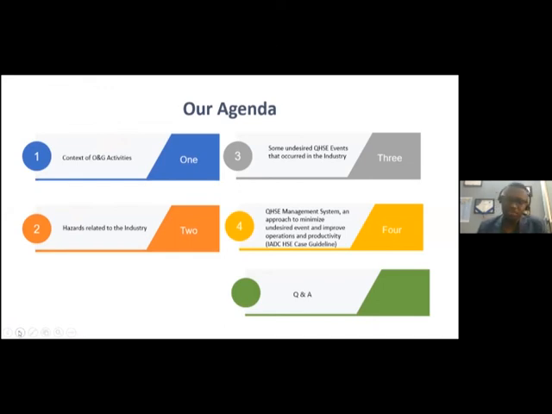This is in the form of statistics from the IAS, that's the IADC program for incident recording. We will also see the QHSE management system and approach by the IADC. And then if possible, we will take some questions and answers. I guess this session is supposed to last for 1 hour, so hopefully we get to do all this within this time frame.